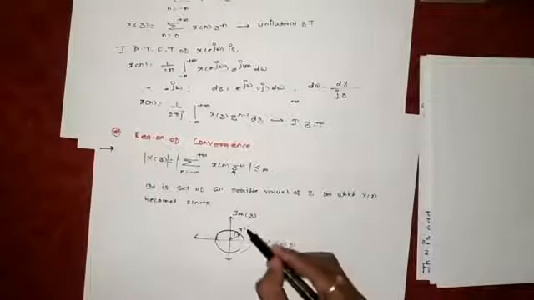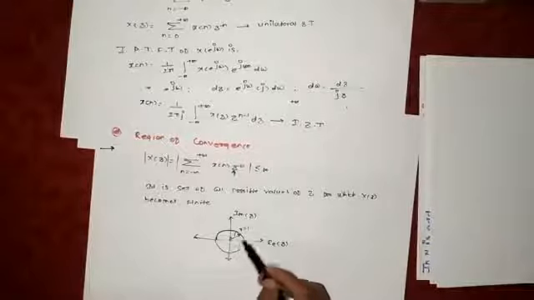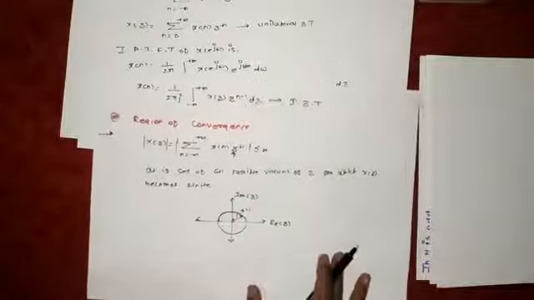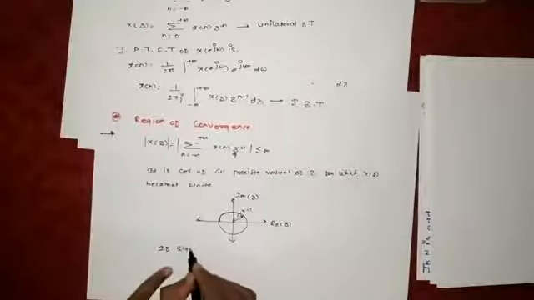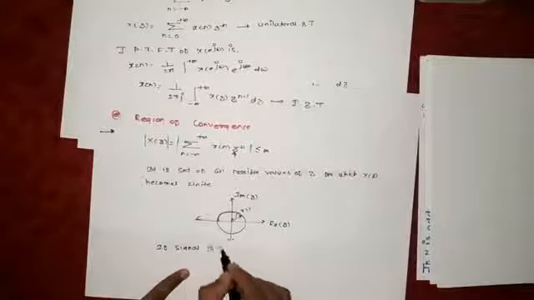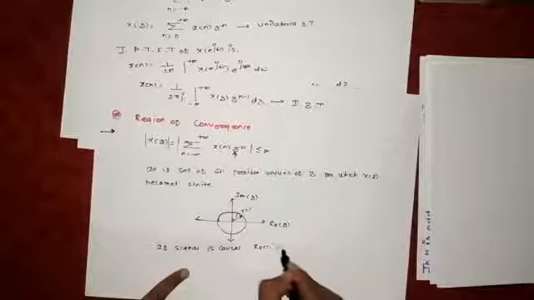Now there are three possibilities. One, the region of convergence can be the exterior of the circle, or the region of convergence can be the interior of the circle, and if I assume different pole points it can be in between. So for that case always remember one thing: if the signal, that is the input signal, is causal, ROC will be greater than the pole points.